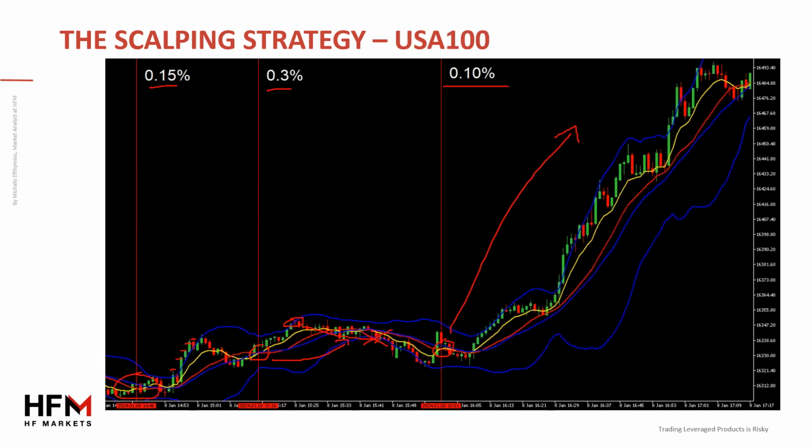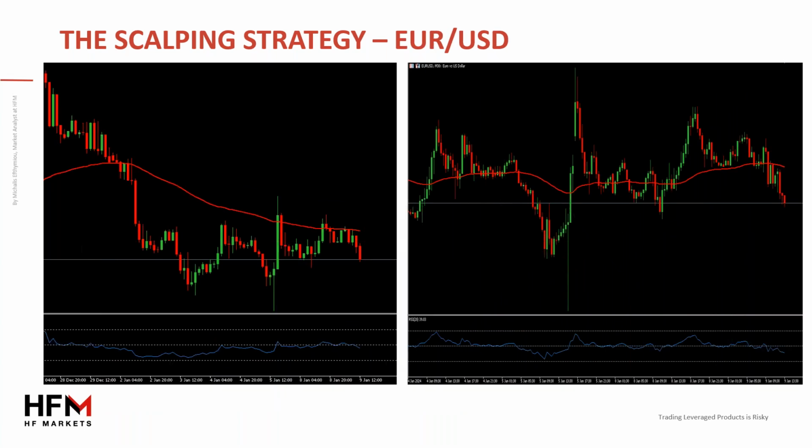Here we're looking at upward price movement. Here we're looking at the USA 100. So for example, as I opened a buy here, a lot of upward price movement, I closed at 0.10. Here I closed at 0.3 based on the indication. We're showing you the outcome.